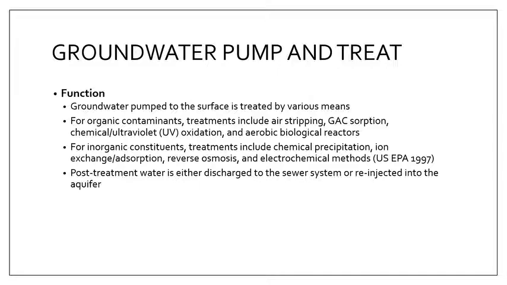For inorganic constituents, you can use chemical precipitation, ion exchange, adsorption, reverse osmosis, and electrochemical methods. Now, once you are done treating your water, you can either discharge it to your sewer system or put it back to the aquifer to conserve water.